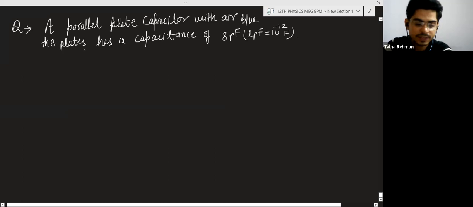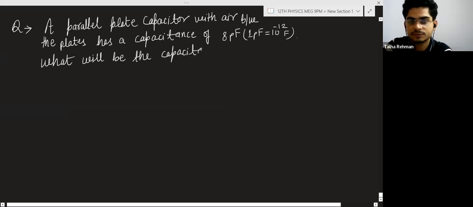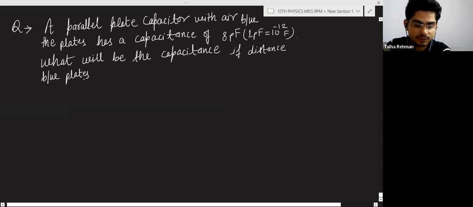What will be the capacitance if the distance between plates is reduced by half?